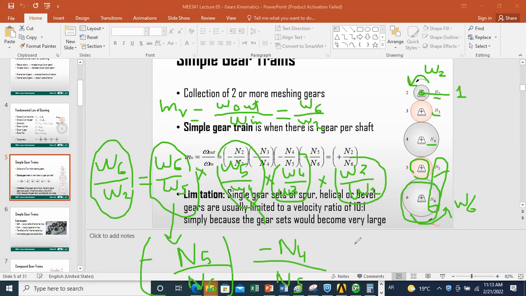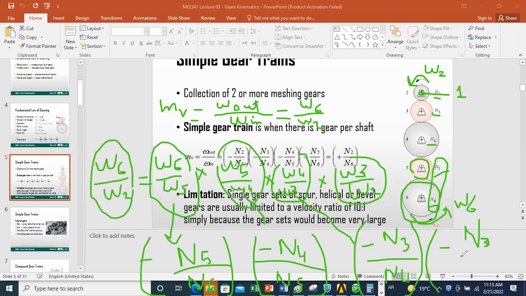Similarly, you can do it for this one, so this is minus n3 over n4. And finally, for the last one, it's minus n2 over n3.